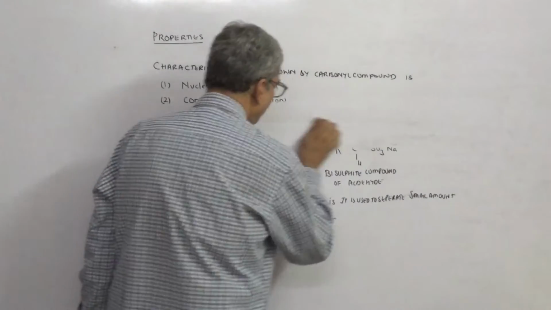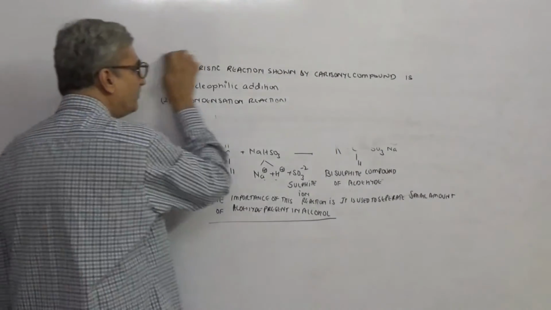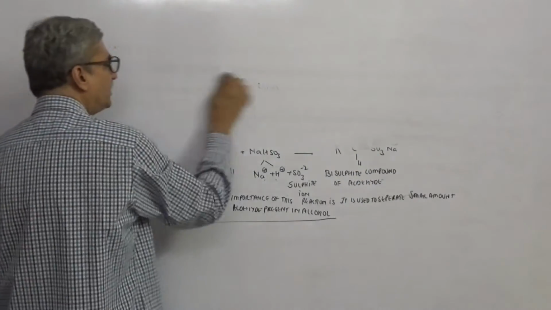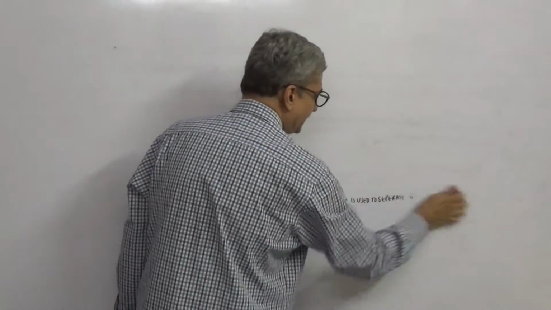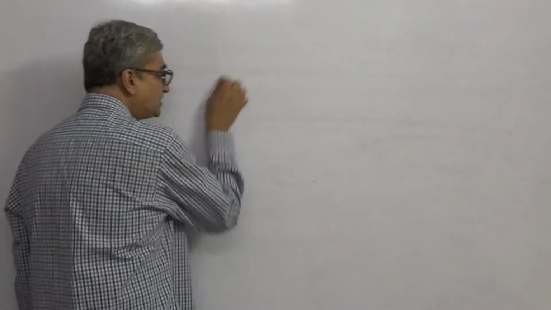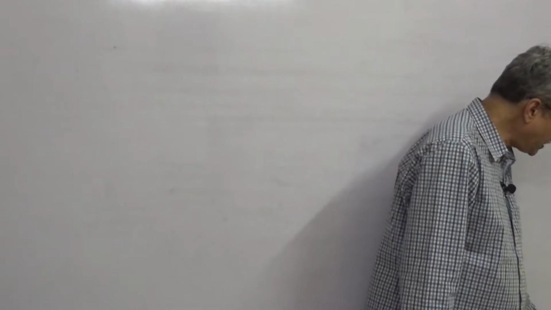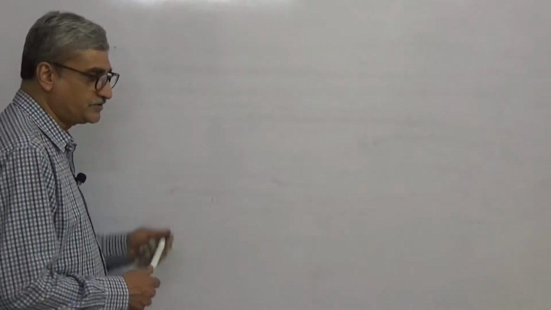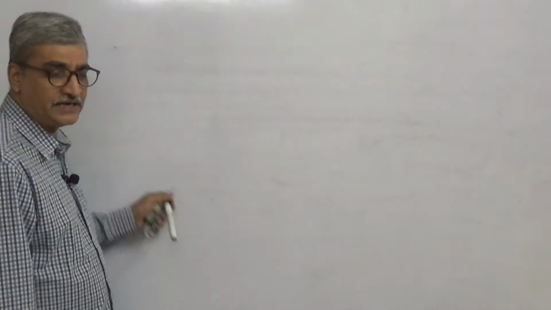I think the third one that I am now talking about is, I need more space. We are talking of hemiacetal and acetal. That is addition of alcohol. So this we didn't deal with in alcohol chapter. We are dealing with it over here. So addition of Grignard reagent we already saw.